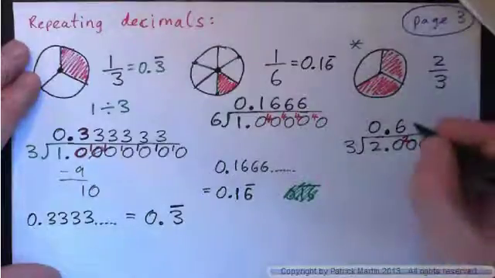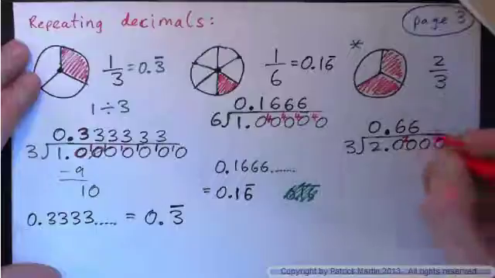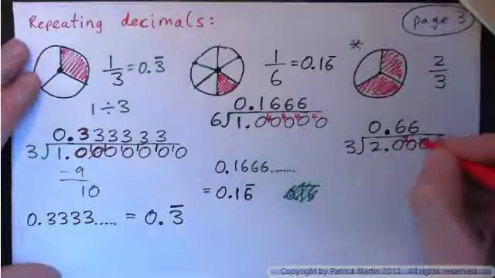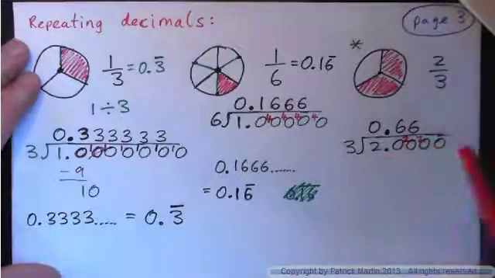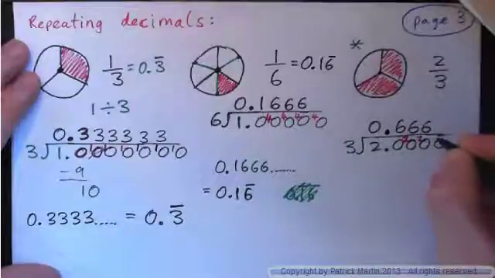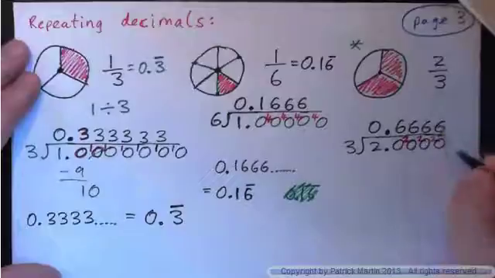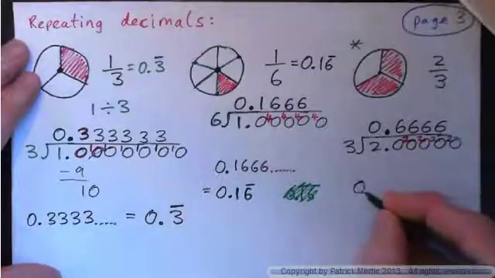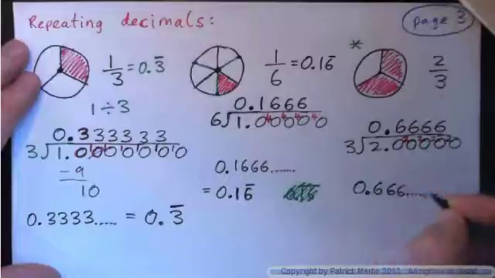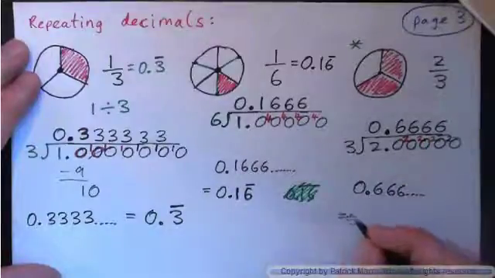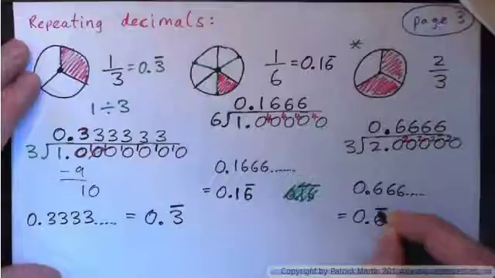Now 3 into 20 goes 6 times again, remainder 2. 3 into 20 goes 6 times, again, remainder is 2, and this will continue forever. So we get 0.666 continuing forever, which is equal to 0.6 with a bar above the 6.